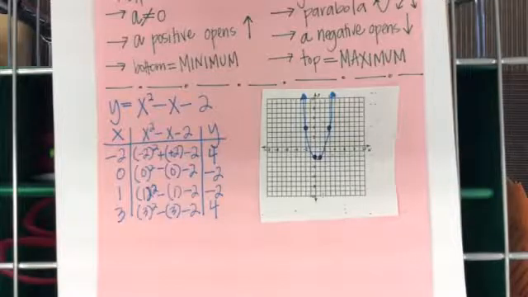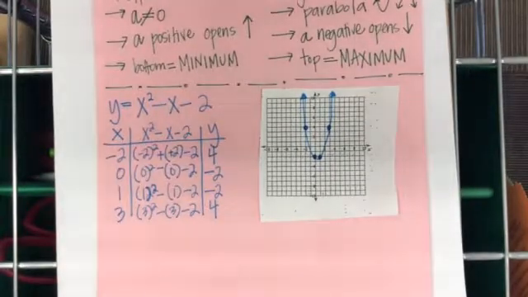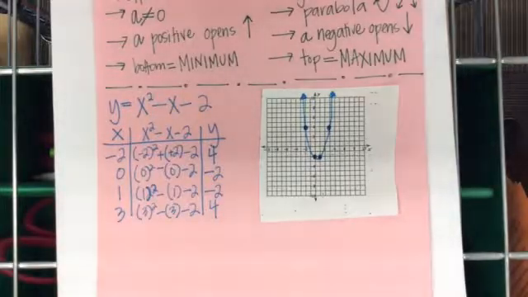Now this graph has some flaws because I had to use some creativity with it. I had to kind of guess where the minimum is.